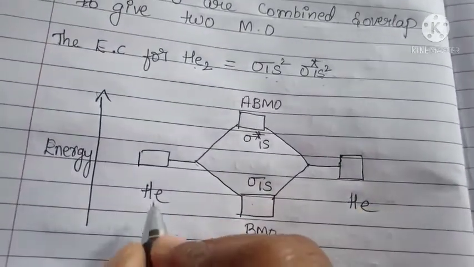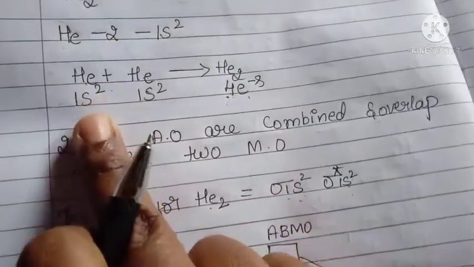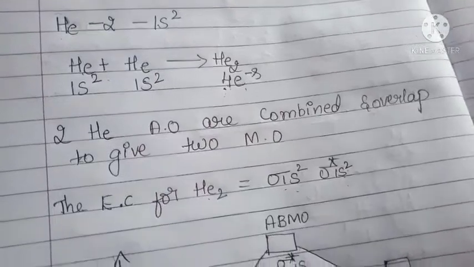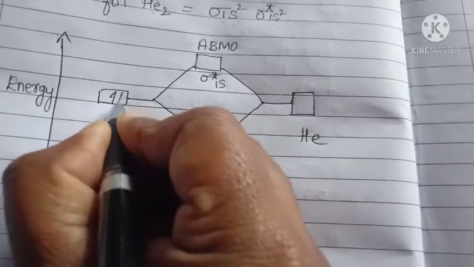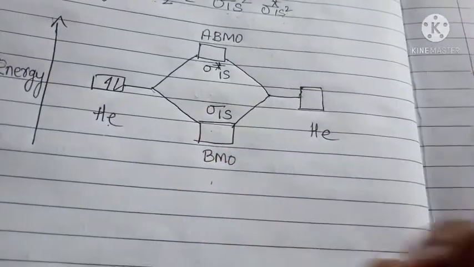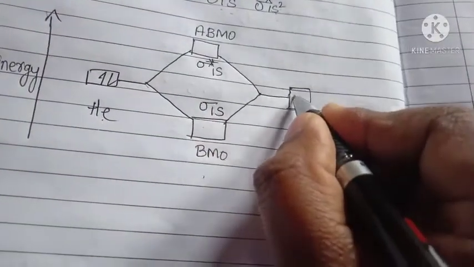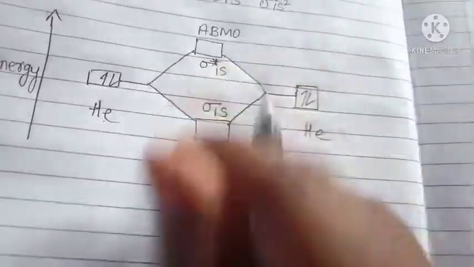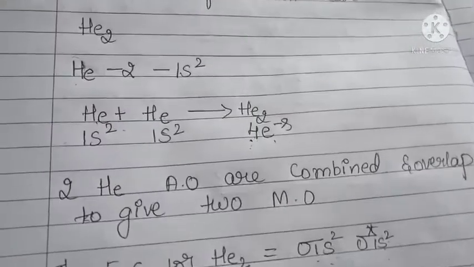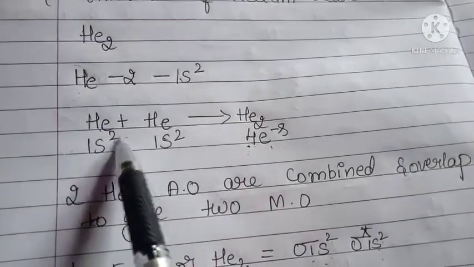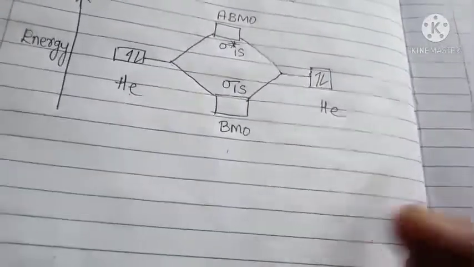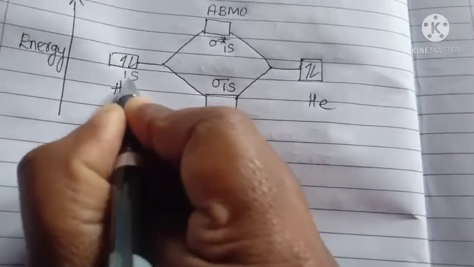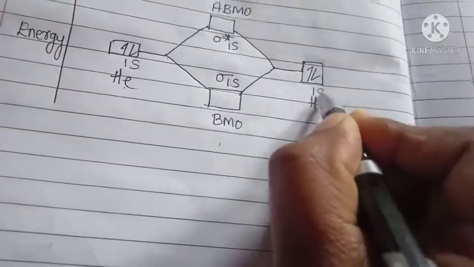Then helium, how many electrons are present for a helium atom? 1s2. So in the atomic orbital they have 2 electrons. And another helium atom also has 2 electrons. You have to observe here, one helium atom has 2 electrons, the other helium atom has 2 electrons, and the configuration is 1s 1s.